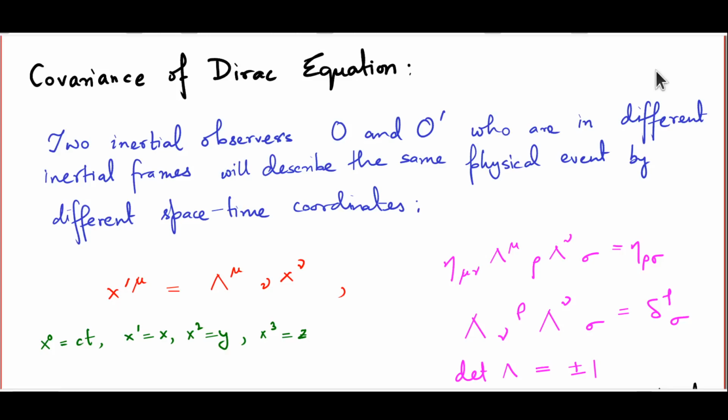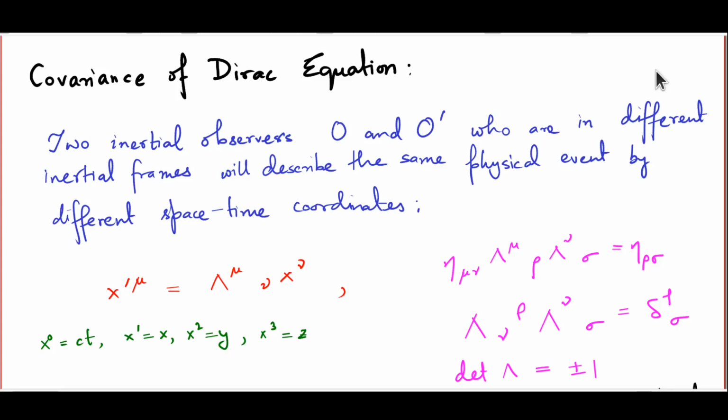Moreover, because we are dealing with non-orthogonal transformations here, the Lorentz transformations, we have to distinguish between vector components and covector components. Coordinates are the prototype for vector components and they transform by this coefficient matrix lambda, whose elements are the lambda mu nu.